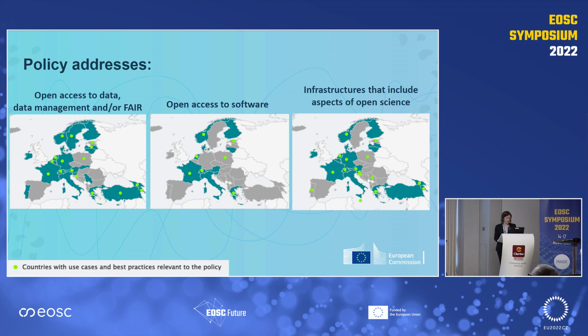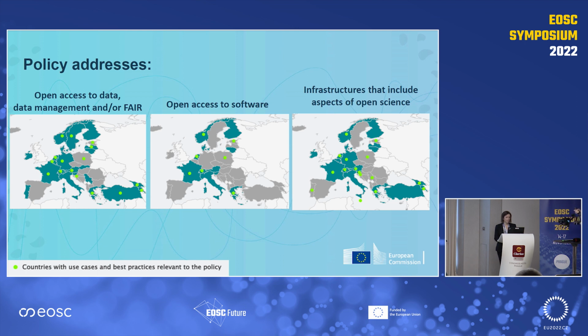So this slide here shows those countries that have replied that their policies address these more digital aspects within the policy. So if you look at open access to data, data management and FAIR, open access to software, and infrastructures that include aspects of open science.